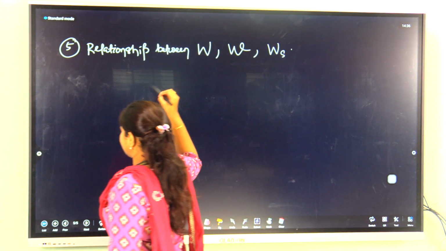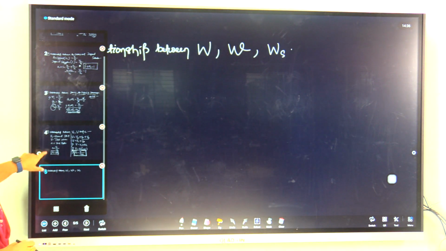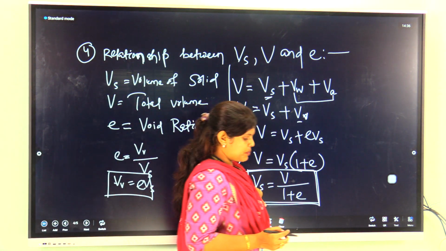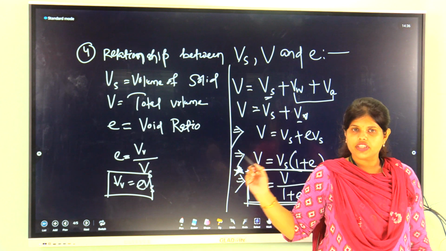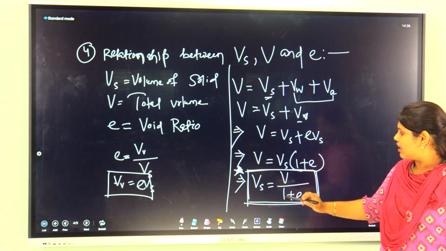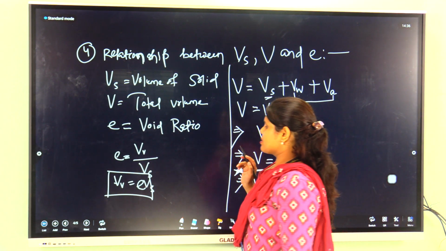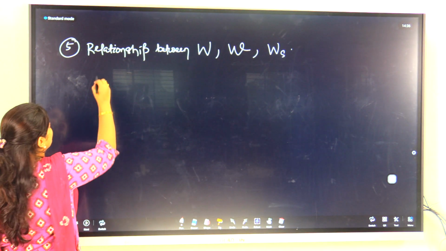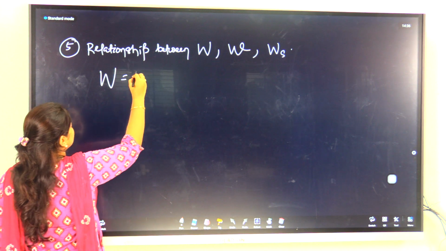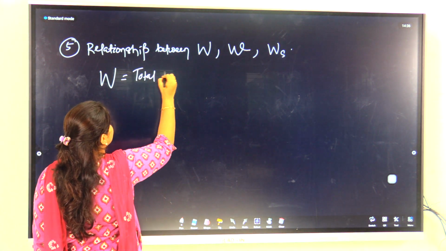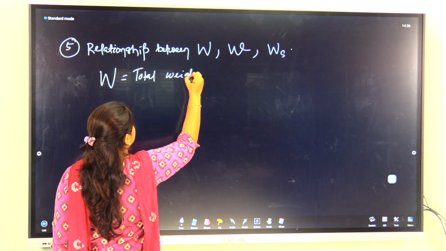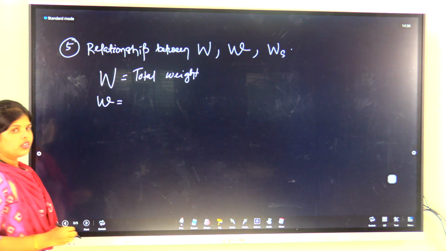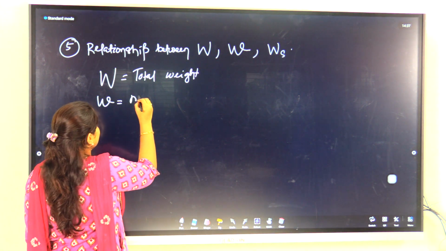It is nearly equal to this fourth relation. Okay. As we have calculated for Vs, next we can easily calculate in that way for Ws. Ws is equal to weight of solid. Here capital W is your total weight and small w is your what? Moisture content or water content.